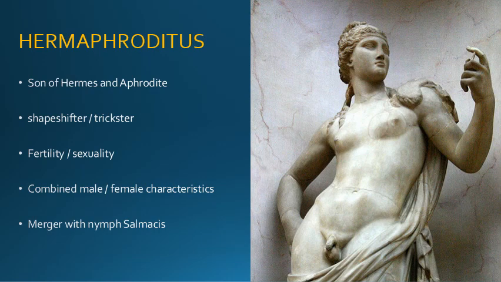This figure is also seen as a shapeshifter and trickster archetype, a god of fertility and sexuality with both male and female characteristics, which were taken on after a merger with the nymph Salmacis, and we find traditions about this in ancient mythological storytelling.